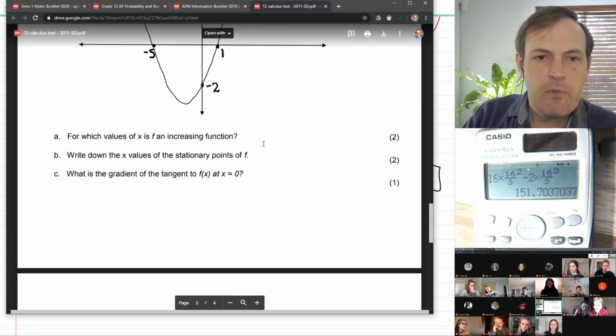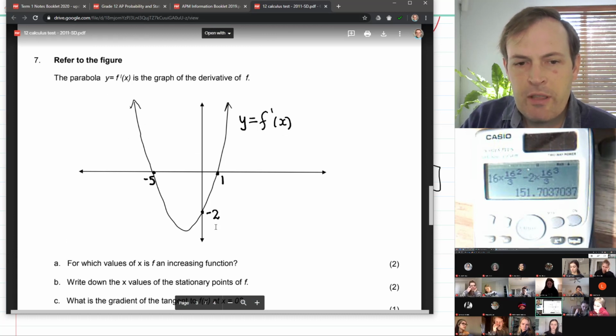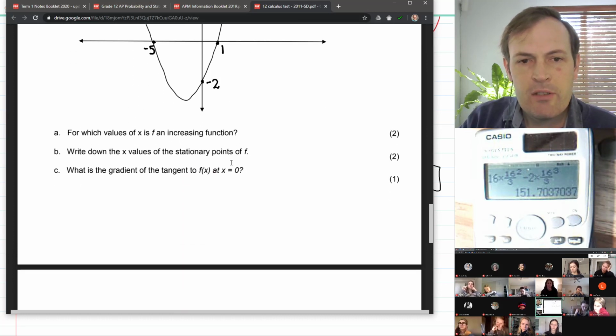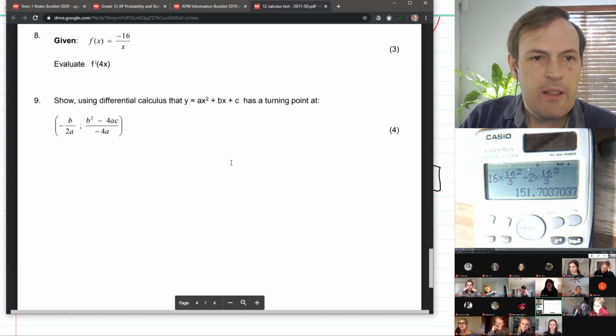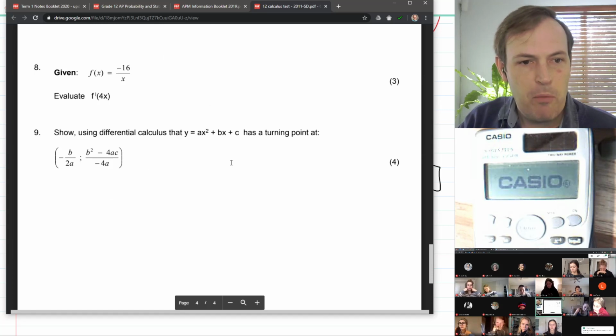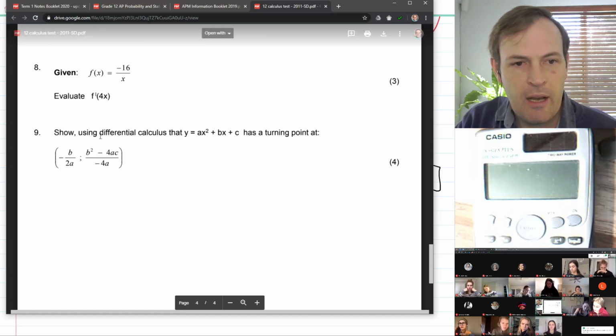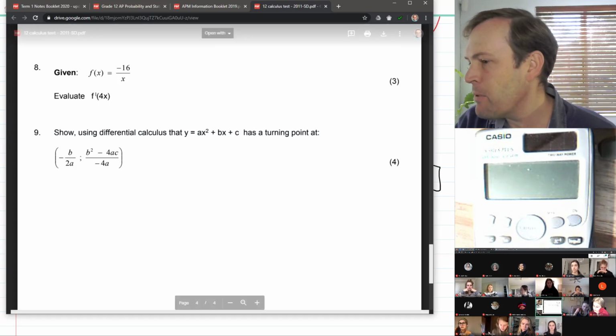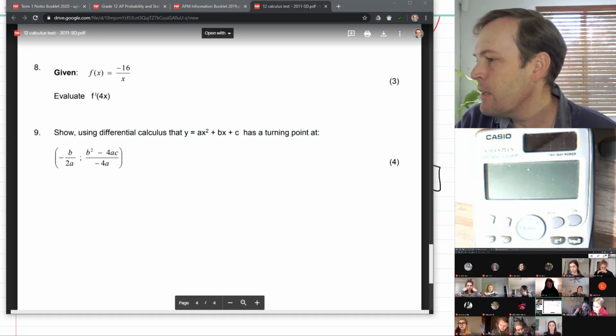There. So that's a derivative function. So we're using this to tell us something about a cubic. So that's interpretation. And then the last one is a bit of a problem solver for you. And this one is, yeah, just formulae, I think. It won't be too difficult.